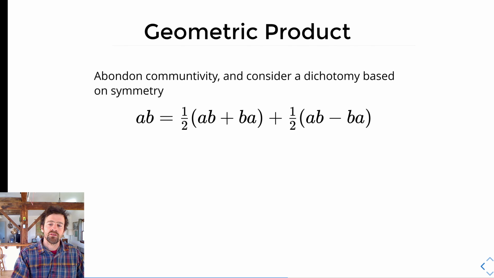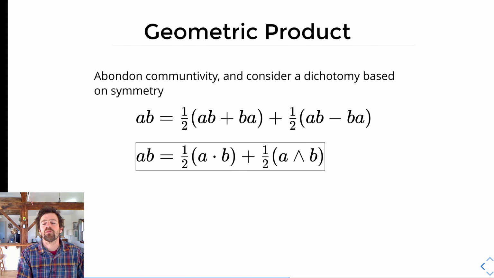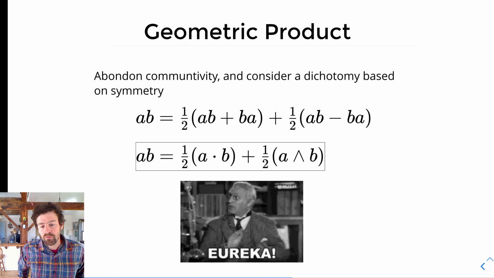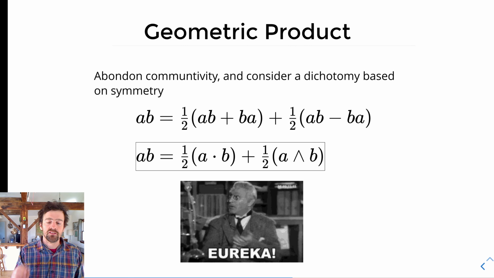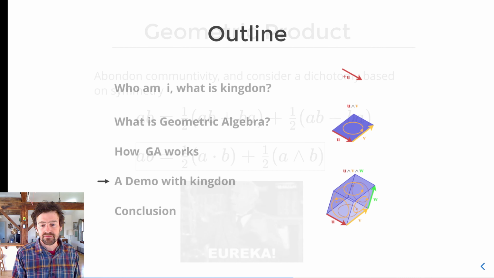Normally you would just imagine that commutativity holds, and so the right term vanishes. But if we don't assume that, then we can associate that with the outer product, A wedge B. And this gives us the geometric product of just AB. They don't have any kind of symbol for it. And this is really the clutch idea that led to a lot of development.